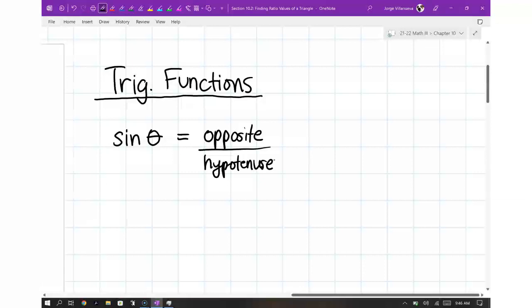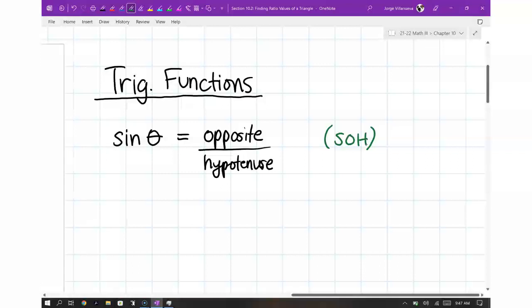So I'm going to assume the same thing. There's the definition of one trig function: sine of theta is equal to opposite over hypotenuse. Some people abbreviate this as SOH. Sine is opposite over hypotenuse. Those 3 letters help you remember what pieces go where.